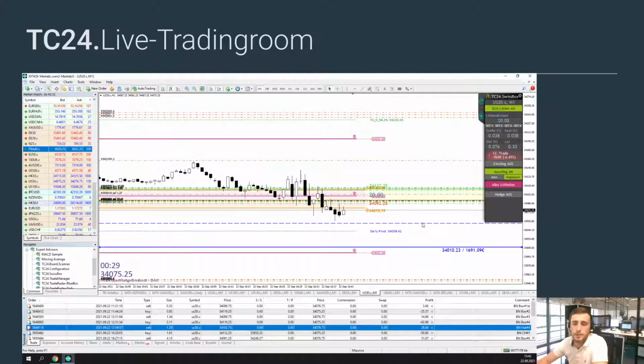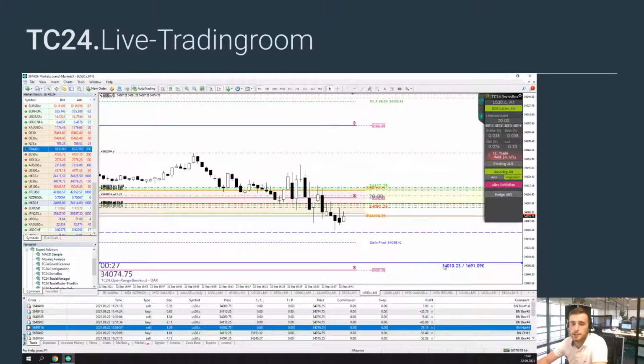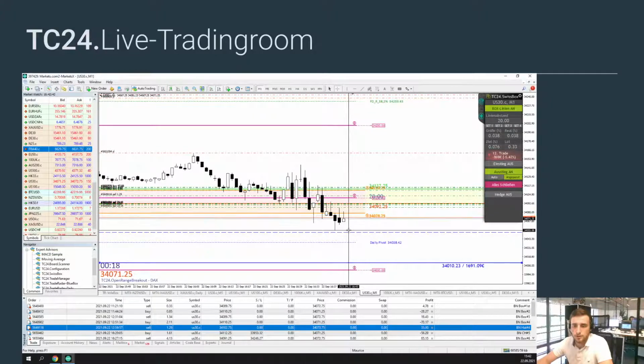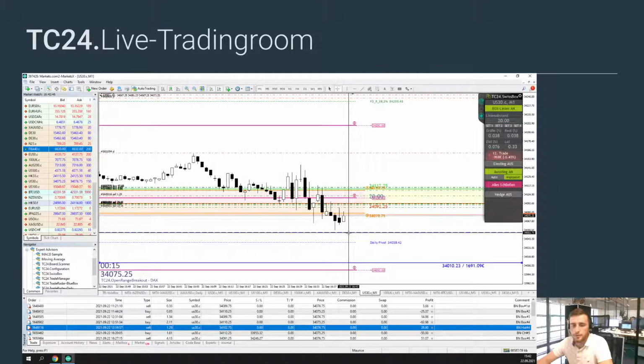Times will come where we can let the trades run. It's really struggling to break down, and we're at 1 or 2 pips off there. 55, and then just here was 52.